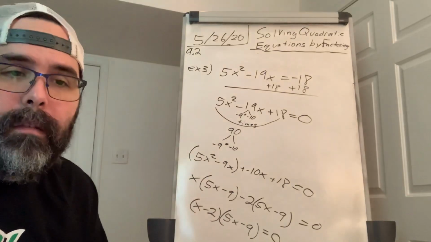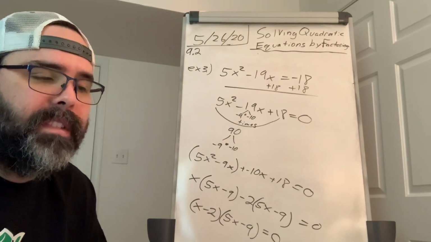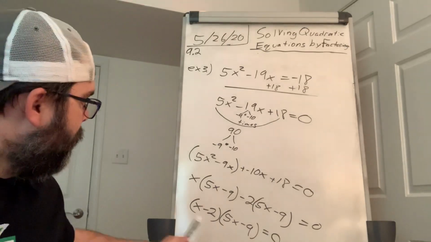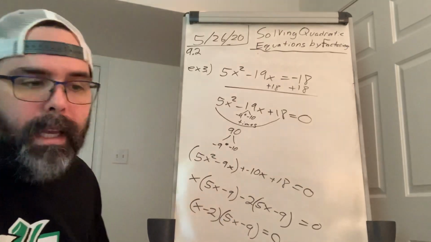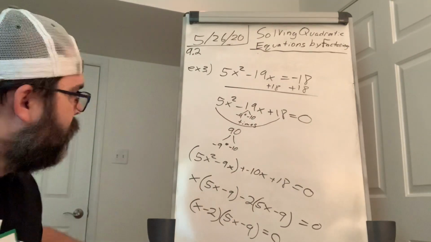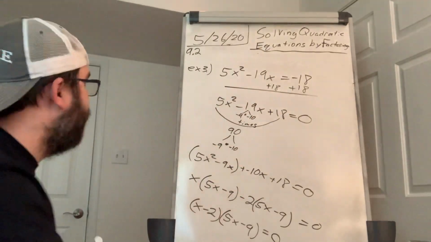Okay, so we're not done. What are we doing here? We're solving. All right, so the first thing was to set it equal to 0. We did that. The second thing was to factor it completely. Is this completely factored? Yes. All right, the third thing is to solve each factor separately. I'm going to erase all this stuff and rewrite this up here.